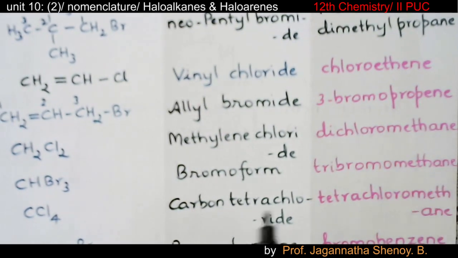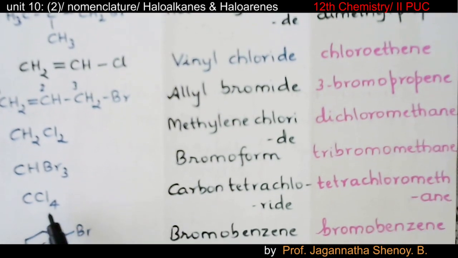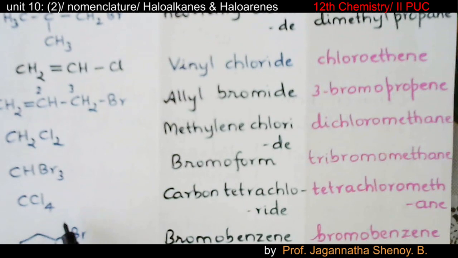Same way, if I move over to the next example, CHBr3. No, CHCl3 is chloroform, CHBr3 is bromoform. IUPAC name is simple, it's tribromomethane. The next one is an important organic solvent, CCl4.